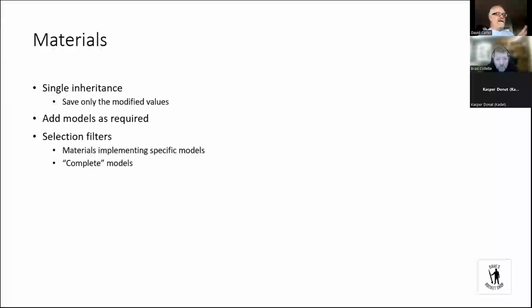As we bring up the editor, it will be possible to specify various filters, such as only models that implement the electromagnetic model, for example. Okay, so you can very quickly narrow down based on your application what options you can select.